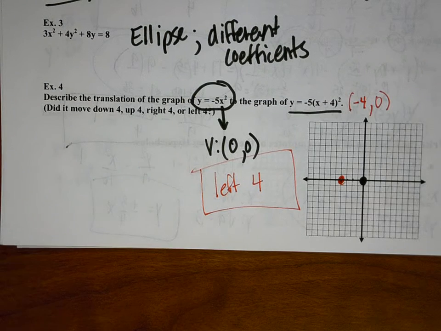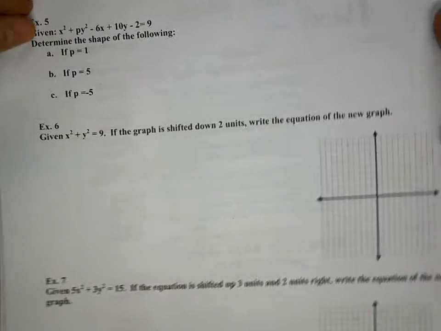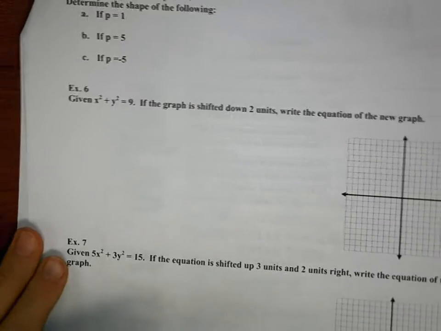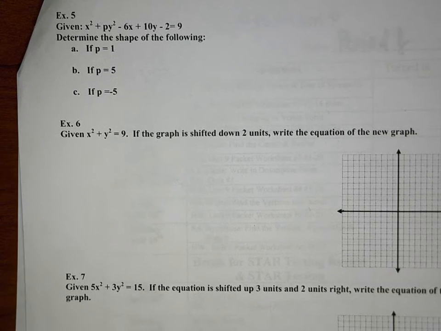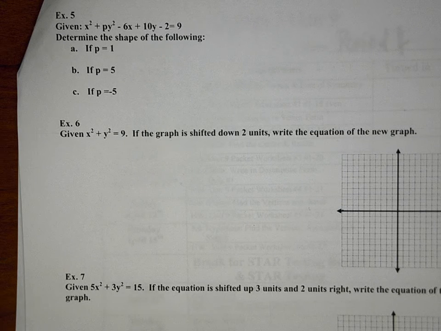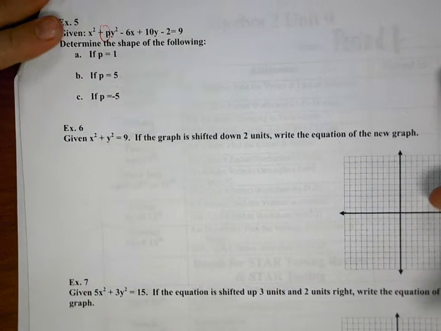Okay, example 5. It says, given x squared plus py squared minus 6x plus 10y minus 2 equals 9, determine the shape of the following. So with p, this is the value. P is the value in front of the y squared. Okay, so they're saying if p equals 1.